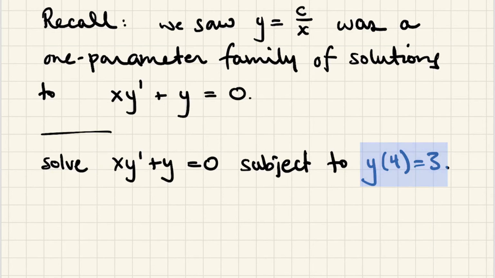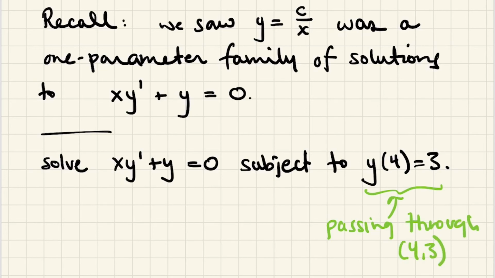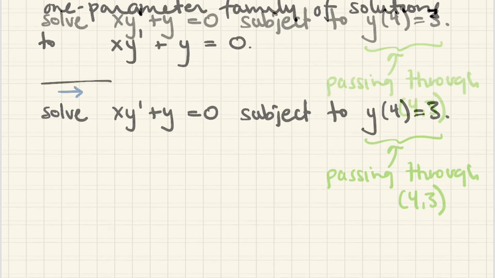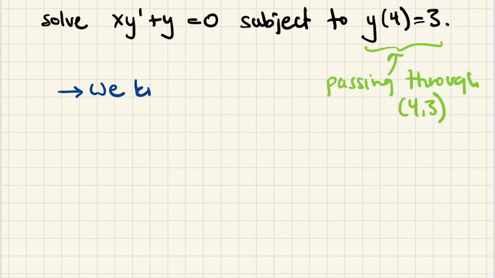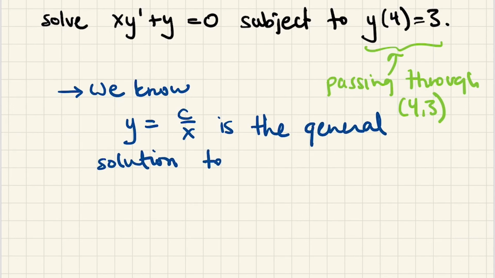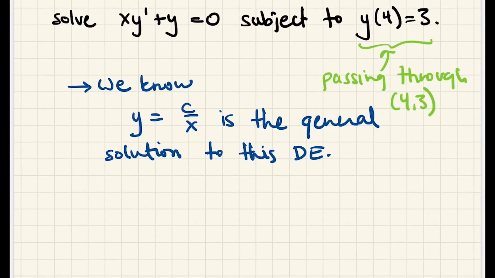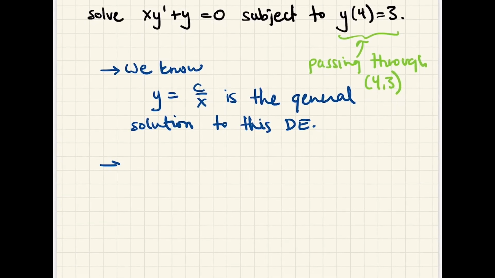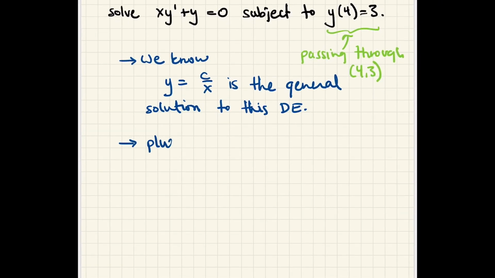So this means passing through the point 4, 3. Well, we know that y equals c over x is the general solution to this differential equation. So what we're going to do is plug in the initial condition and solve for c.